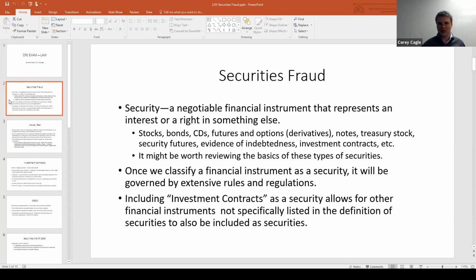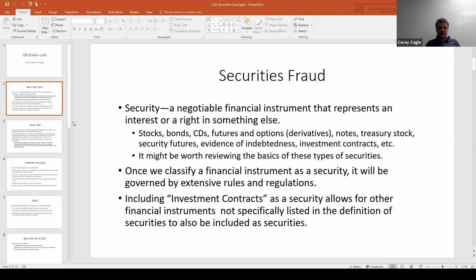You know what a stock is, you know what a bond is, you know basically what a CD is. You probably know what a future is from finance class or something. So you may not want to waste your time reading up on what those things are, but a general idea wouldn't hurt. Once we classify it as an actual security, then it falls under some pretty heavy rules and regulations.